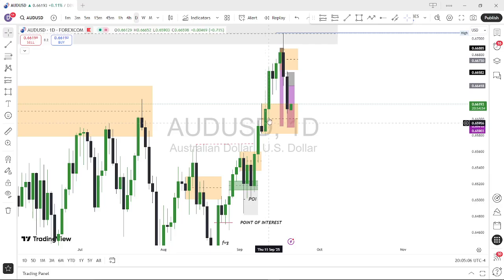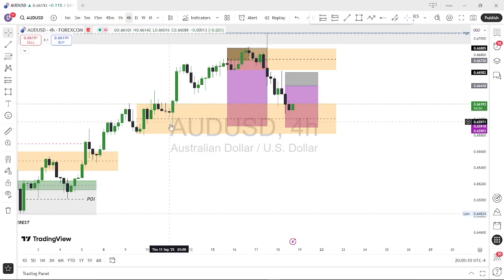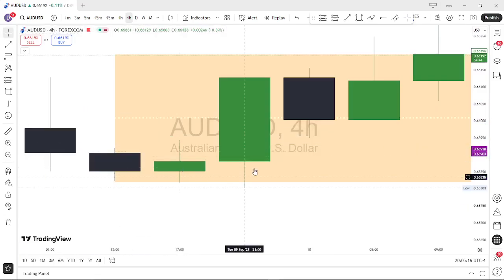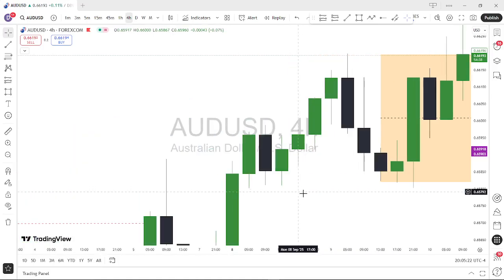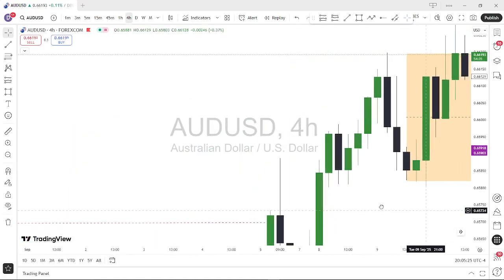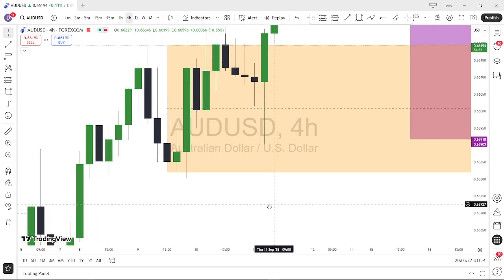Other block was same, 4 hours time frame. Fair value gap, even if it's not that much, at least it is still a fair value gap. As small as it is, still a fair value gap. Now, before the fair value gap, what happened?